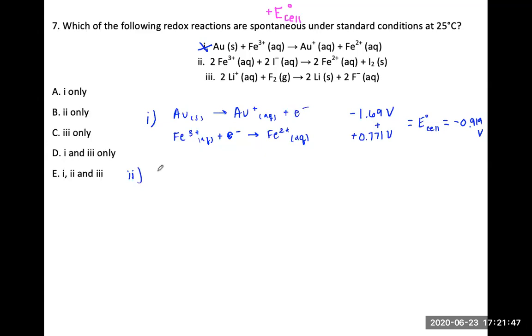So we can see, again, we have the reduction of iron 3+. This half reaction potential will still be positive 0.771 volts. And then now this is coupled with the oxidation of iodide.